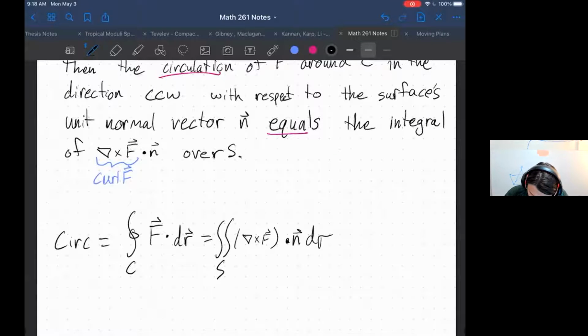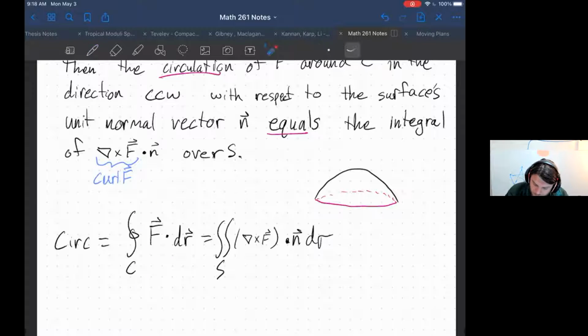Or better yet, I'll redraw the picture. So here's our dome with boundary curve. The idea is if I pick this direction, going this way, to be my counterclockwise direction, that's a d sigma, sorry.